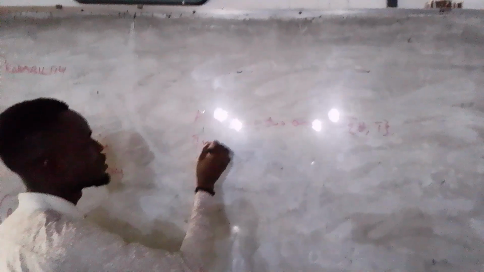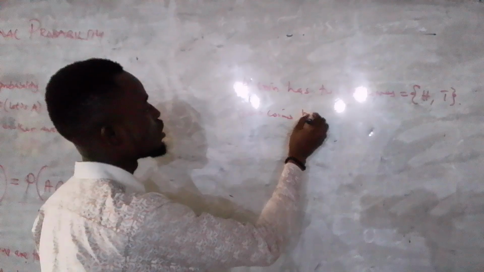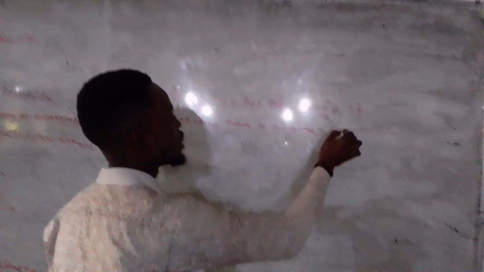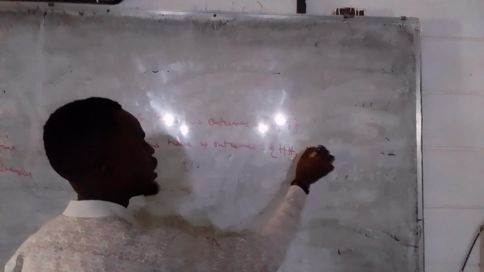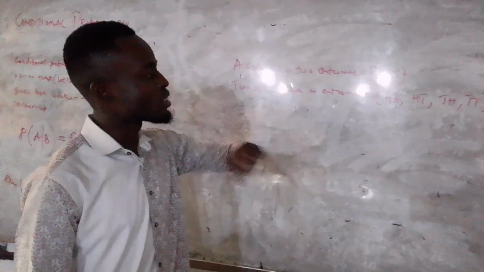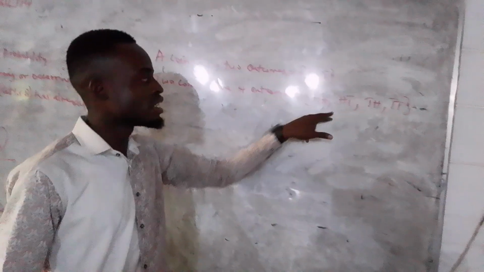Then two coins have four outcomes: head-head, head-tail, tail-head, tail-tail. Since the two coins are tossed at the same time, this is our sample space. Alright? So let's answer the question.